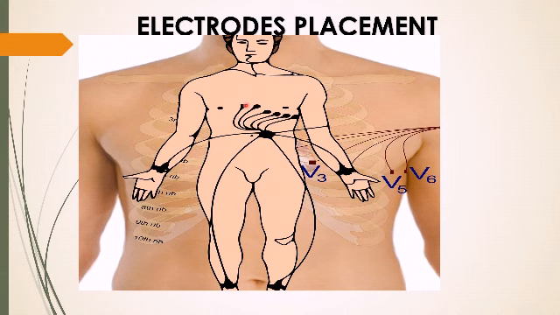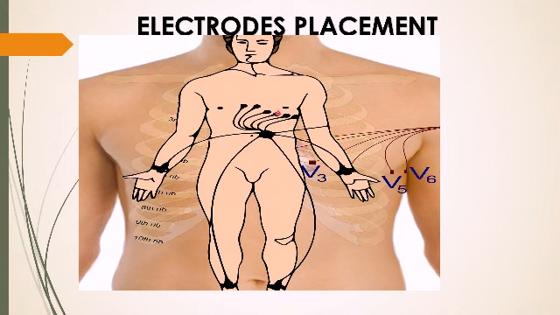The 4th intercostal space is at the same level as the nipple. Good, you see, at the nipple. Then C2 is at the same level as C1, but at the left edge of the sternum. Good.